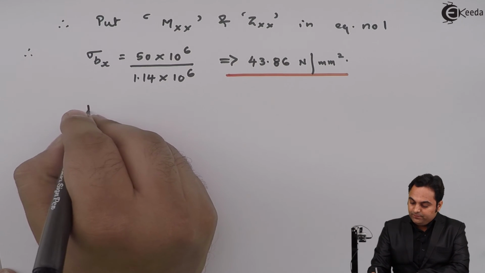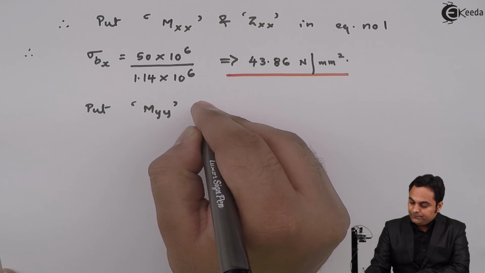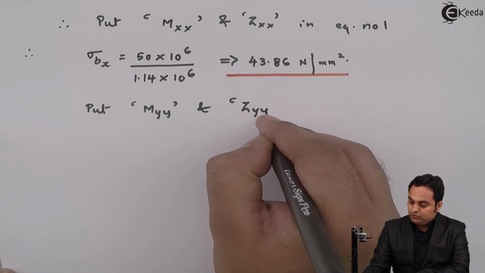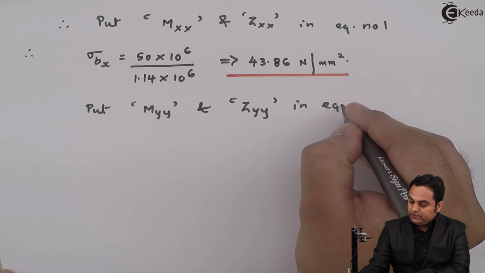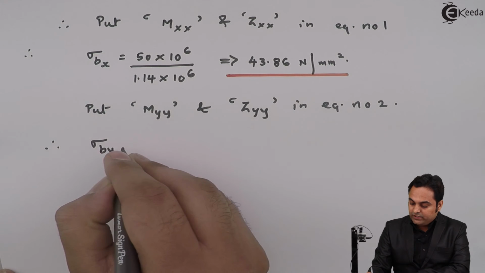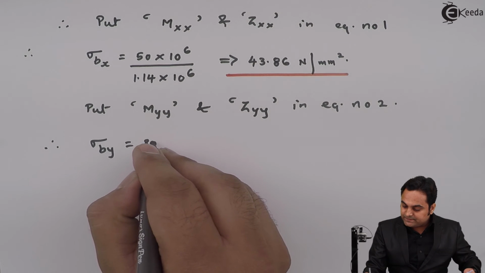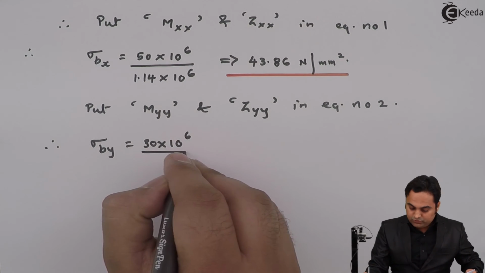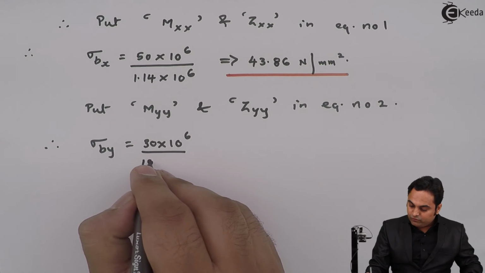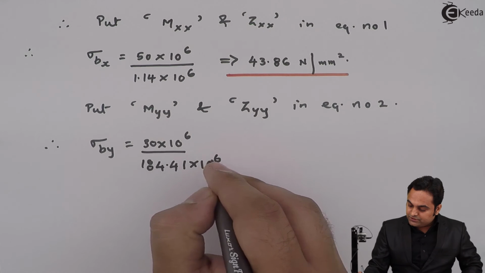Now similarly put bending moment about yy and section modulus about yy in equation number 2. So therefore bending stress about y is equal to the bending moment about yy, that was 30 into 10 raised to 6, and now Zyy, it is 184.41 into 10 raised to 6.